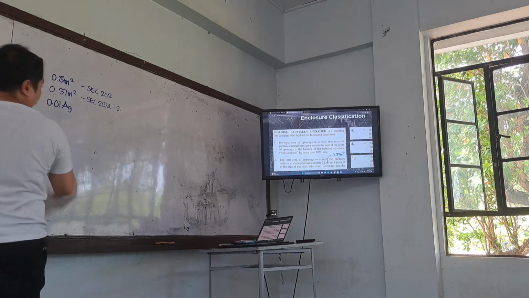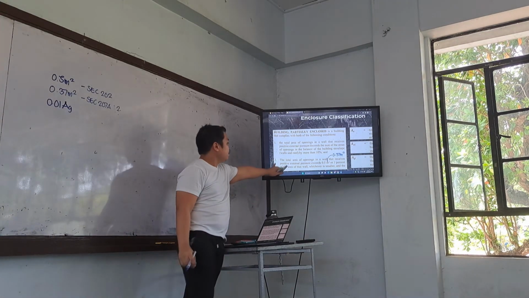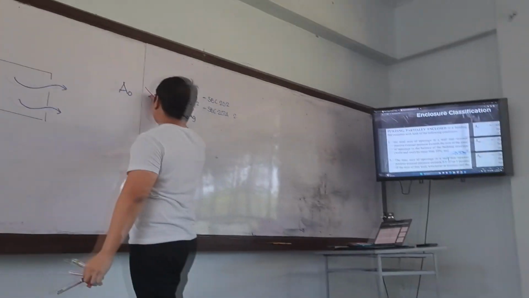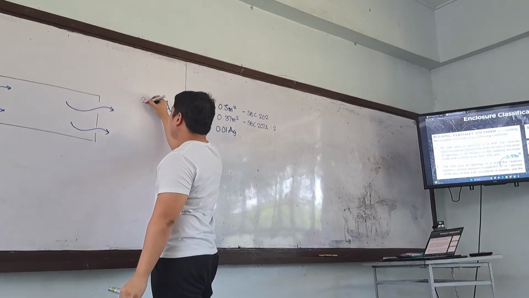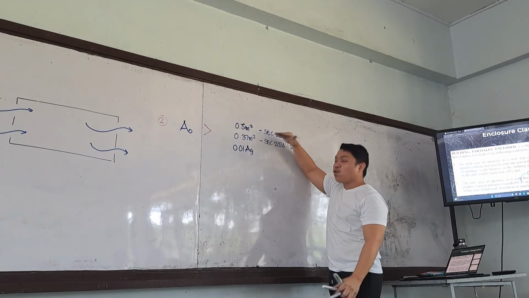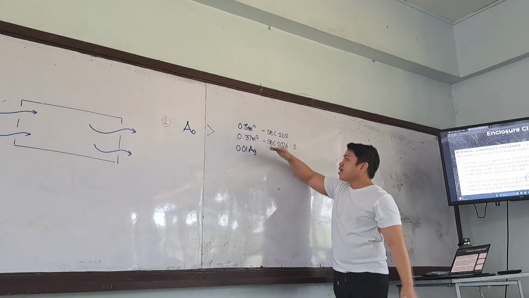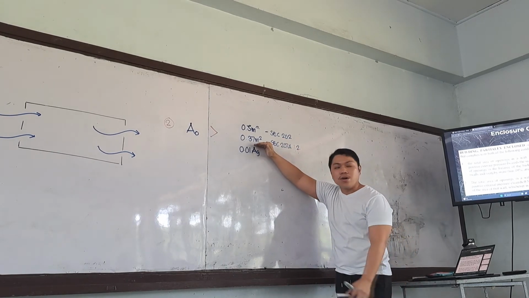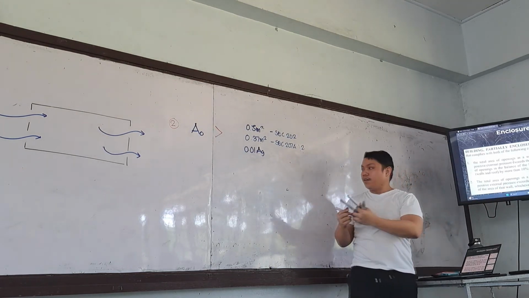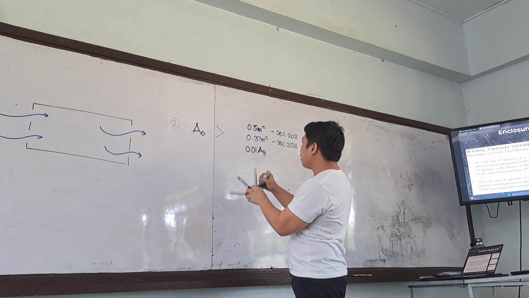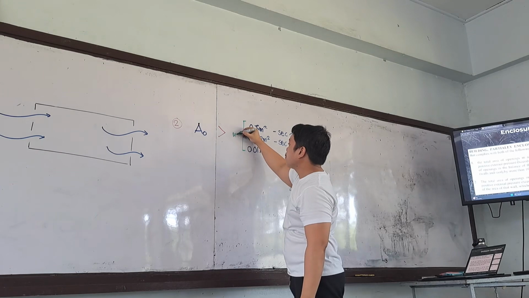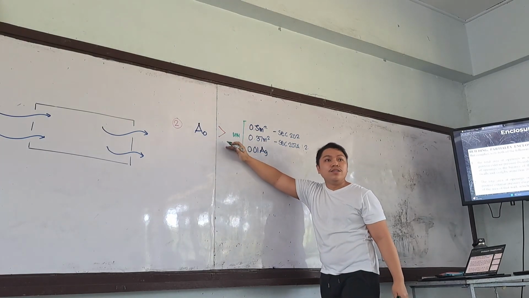If it exceeds, meaning if it is greater than, this is our second condition: AO is greater than whichever is smaller, the dimension in Section 202, which is 0.5, or the dimension in Section 8.2, which is 0.37, or the 1% of the gross area of that wall. So whichever is the minimum.